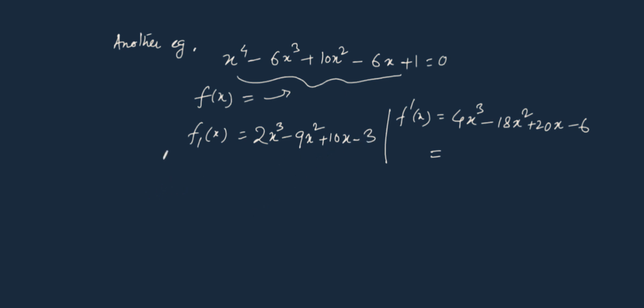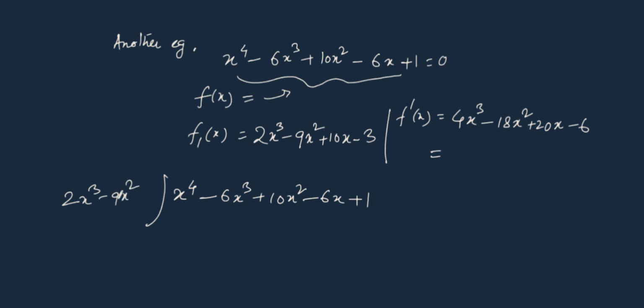Okay, now divide f, that is x to the power 4 minus 6x cube plus 10x square minus 6x plus 1, by f1, that is 2x cube minus 9x square plus 10x minus 3.